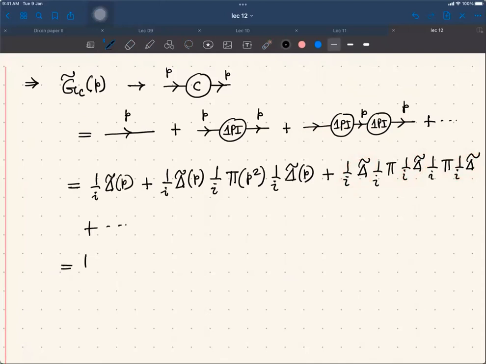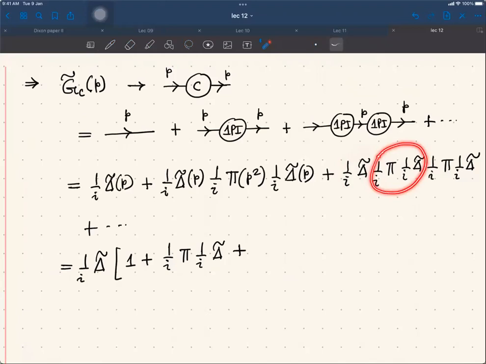If you take 1 over i delta tilde out, you will get 1 plus 1 over i pi times 1 over i delta tilde. Then in the third term, this has been taken out, so this is 1 over i pi times 1 over i delta tilde, and this is the same factor, so it is the square of that, and so on.